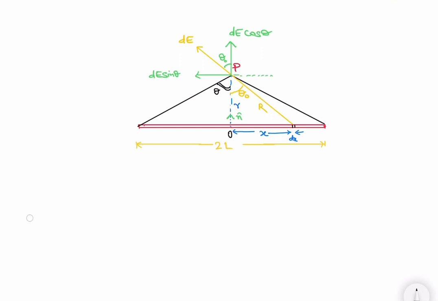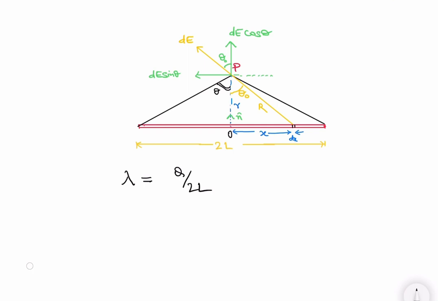So, let us start. Friends, our purpose here is to derive an equation for the electric field due to a charged rod of length, suppose, 2L. 2L is kept for convenience of calculation, and lambda is the linear charge density, that is, charge per unit length.